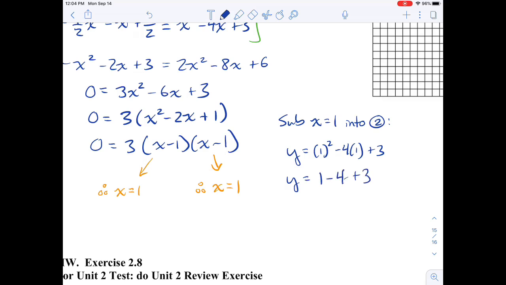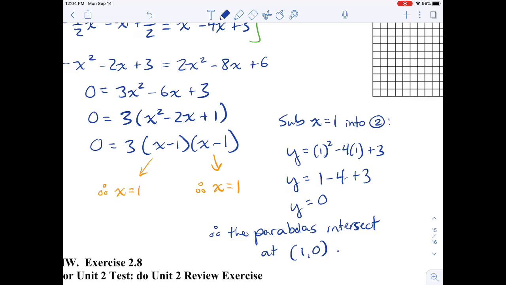So 1 minus 4 plus 3, we get a y value of 0. So therefore, the parabolas intersect at just this one single point, (1, 0). Just that one single point.